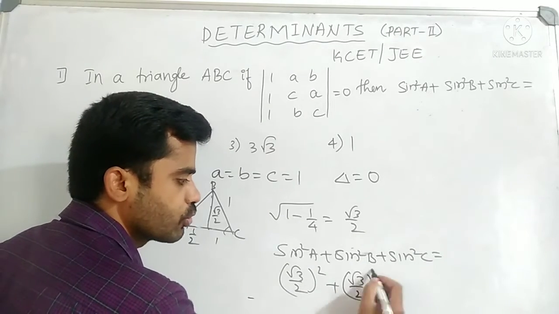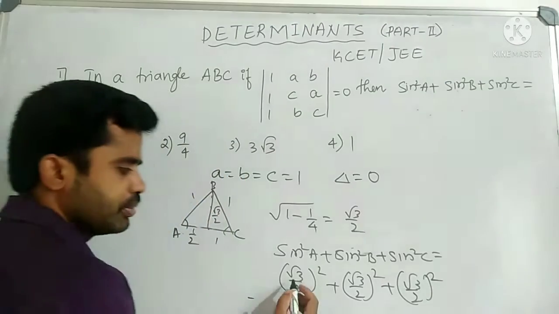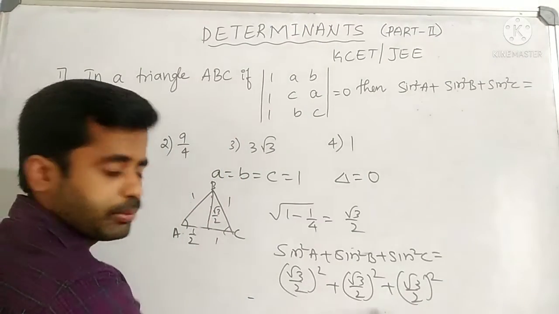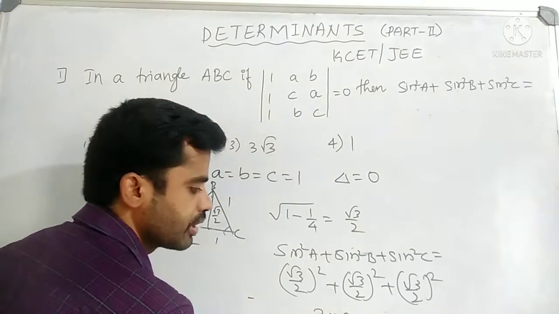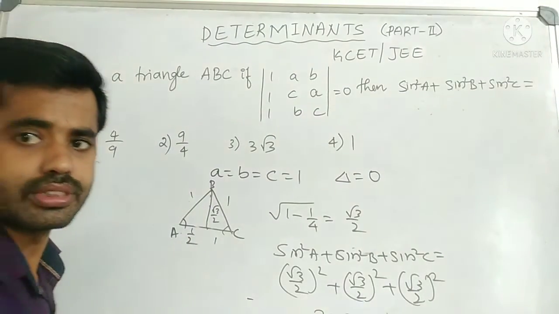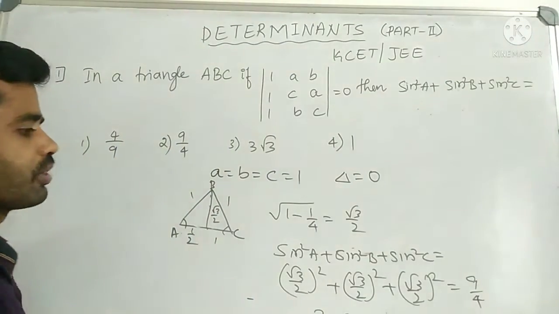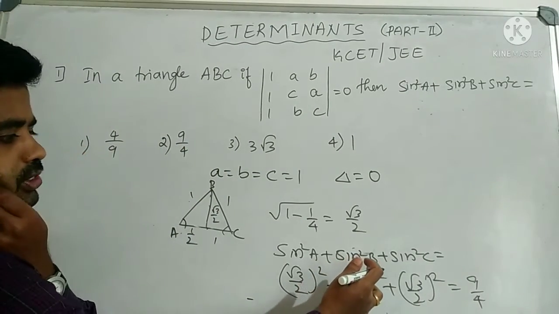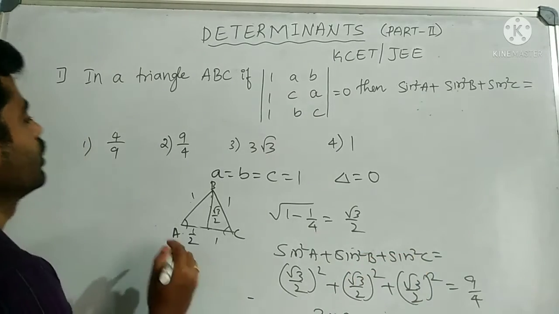Root 3 by 2 whole square becomes 3 by 4, 3 by 4, 3 by 4. Three times 3 by 4 will be 9 by 4. So sin square A plus sin square B plus sin square C is equal to 9 by 4.